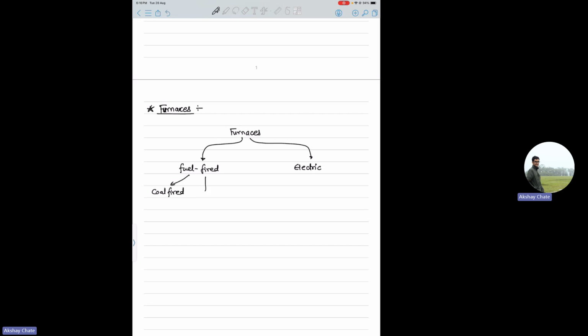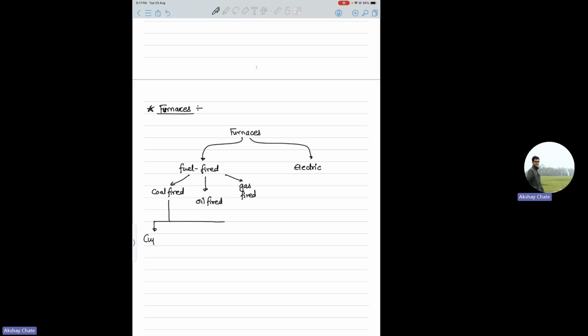Okay, so coal fired are there, then oil fired are also there, and then you have gas fired. So depending on what type of fuel you use, they are classified. Then, in coal fired also there are certain major categories.